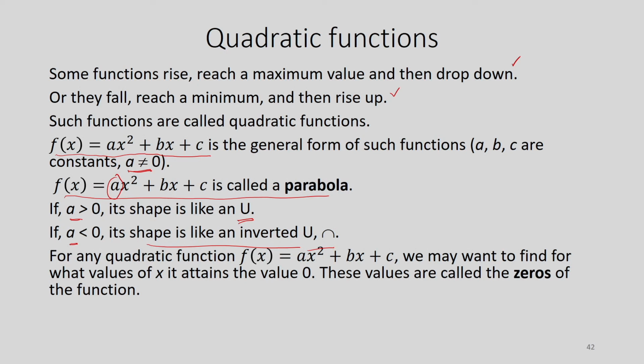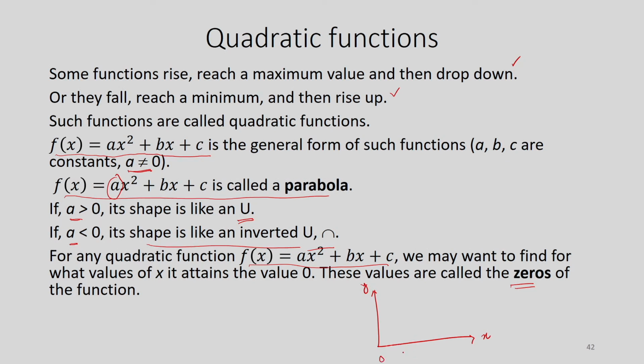And apart from this, it may be of interest to us that for any quadratic function of the form f(x) is equal to a x square plus b x plus c, we may want to find for what values of x it attains the value 0. These values are called zeros of the function. So, geometrically think about this. You have the x axis here, y axis here, here is the origin.